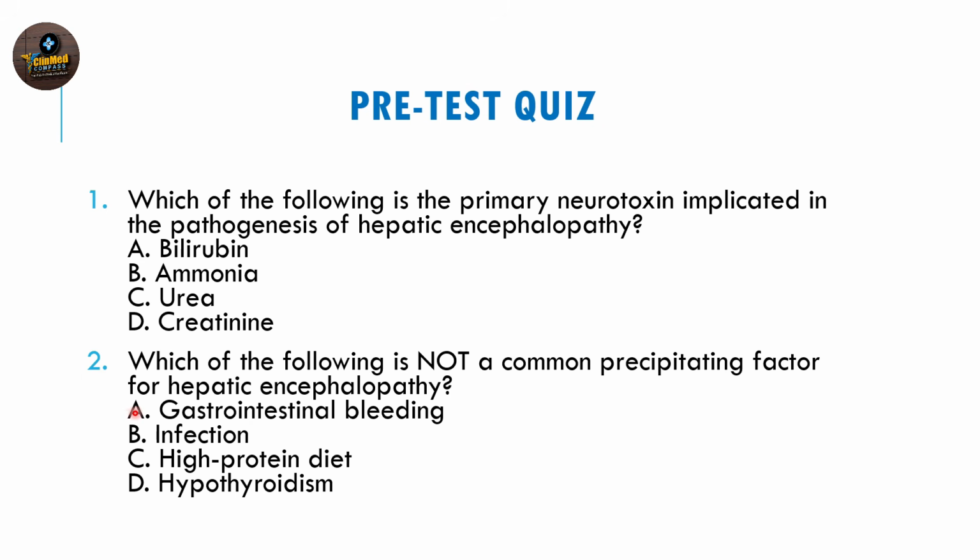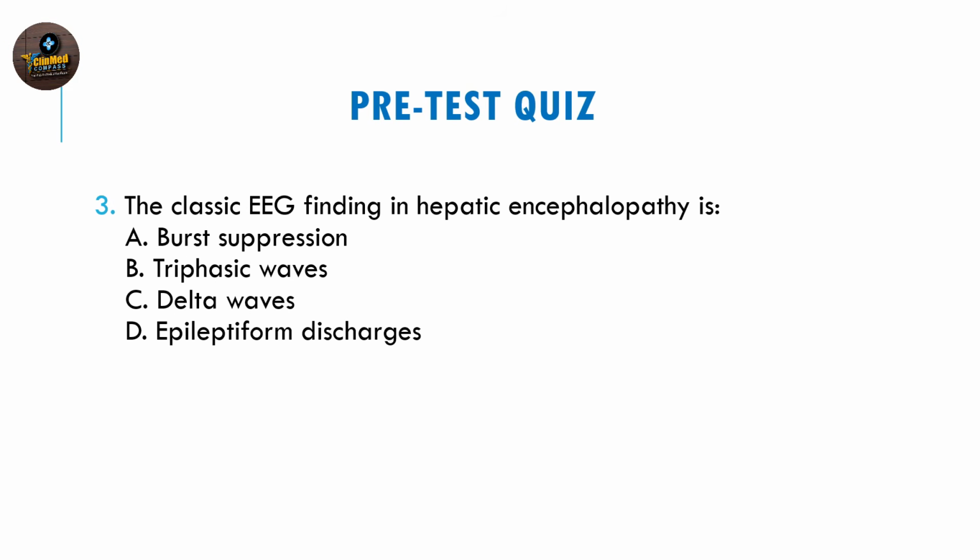Gastrointestinal bleeding, infection, high protein diets, hypothyroidism. Question 3. A classic EEG finding in hepatic encephalopathy is: burst suppression, triphasic waves, delta waves, epileptiform discharges.